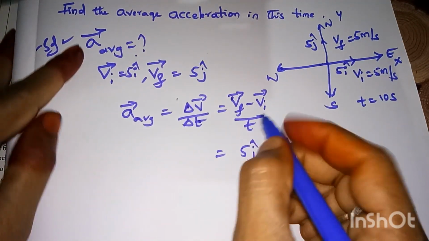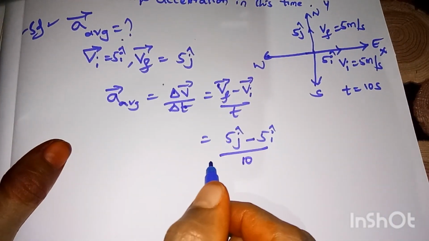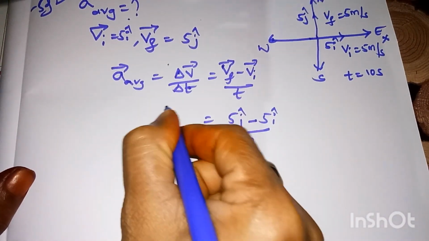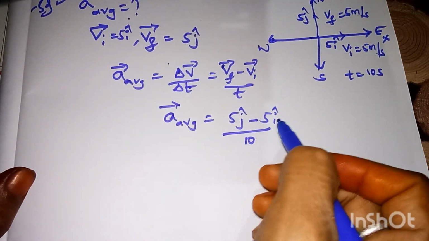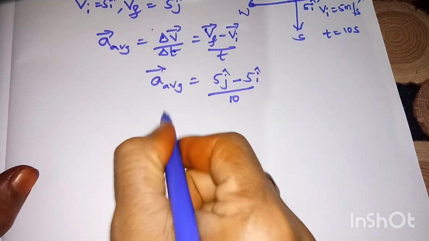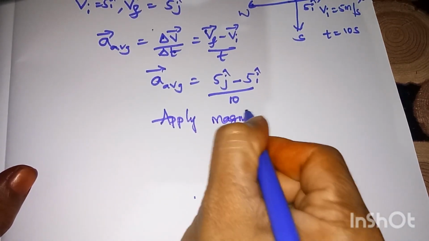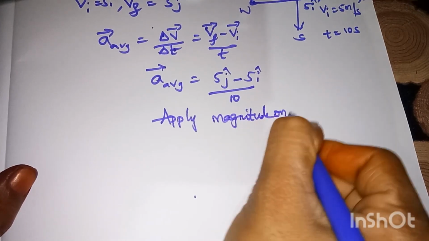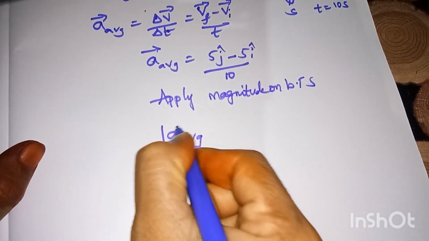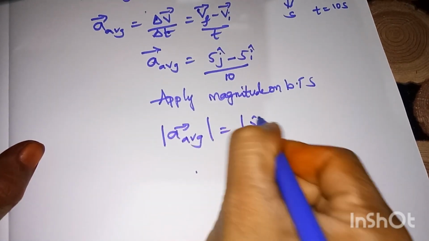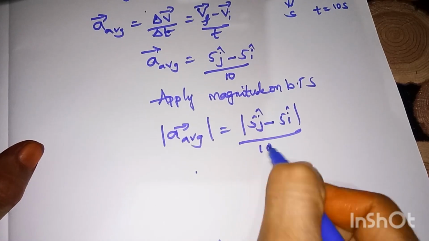Substituting here by 10, we got average acceleration as 5 j cap minus 5 i cap by 10. So apply magnitude on both sides. The magnitude of average acceleration is equal to the magnitude of 5 j cap minus 5 i cap by 10.